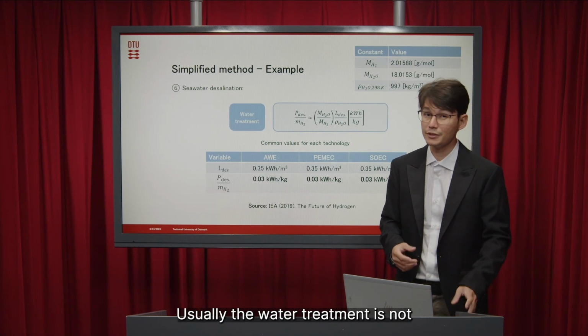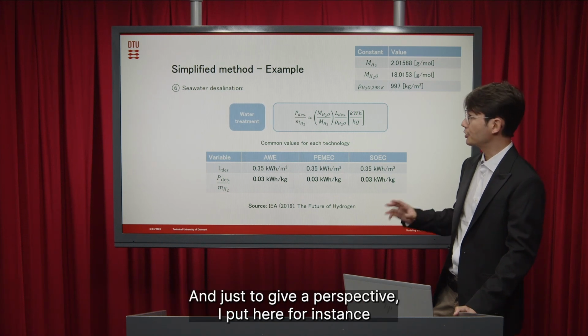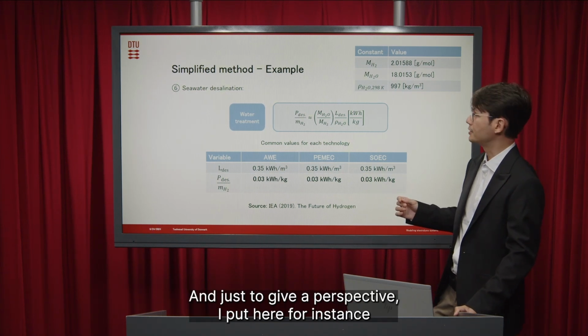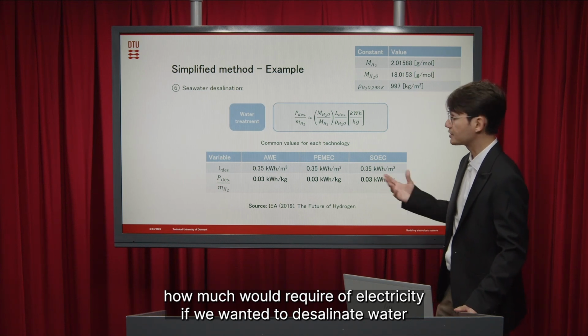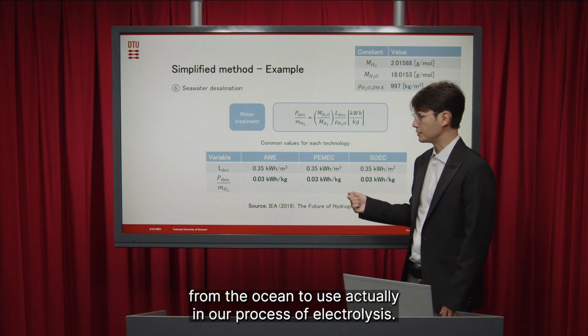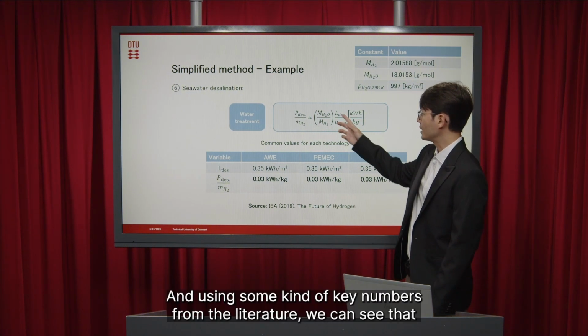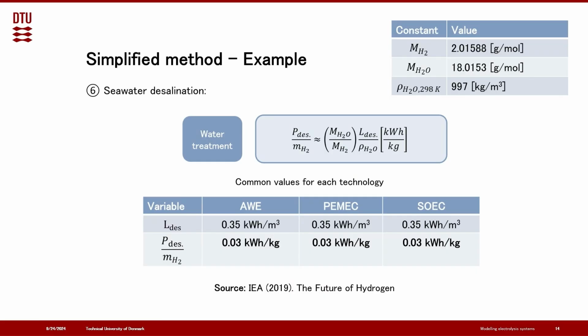Usually the water treatment is not the process that consumes the most electricity. And just to give a perspective, I put here, for instance, how much electricity it would require if we wanted to desalinate water from the ocean to use in our process of electrolysis. Using some key numbers from the literature, we can see that for every one of the technologies, the consumption is far less than the other processes that we just estimated.